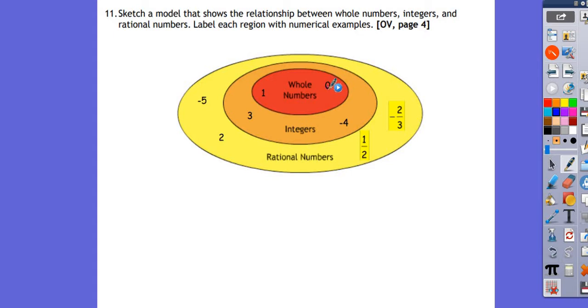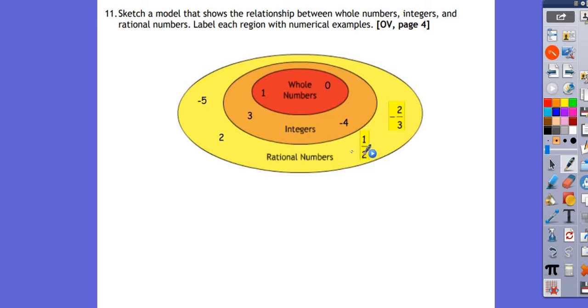So 0 could be classified as a whole number, an integer, and a rational number. It falls under all three definitions. But -4 can only be an integer or a rational number. It's not in the whole number circle. Or 1/2 can only be a rational number because it can't be an integer or a whole number.